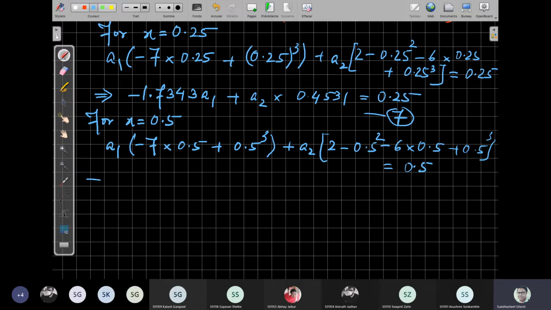So now tell me what is the value? How much into A1? Minus 3.375. And how much into A2? Minus 1.125. And that is equal to 0.5. And this is equation number 8.